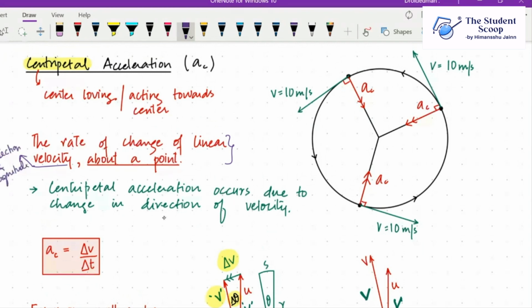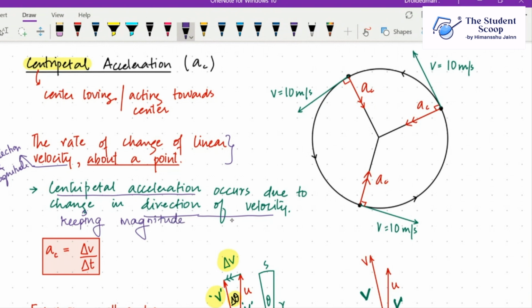Important: the change in direction of the velocity causes the acceleration that we call centripetal acceleration. So even the change in direction of the velocity, keeping the magnitude constant, can lead us to acceleration.